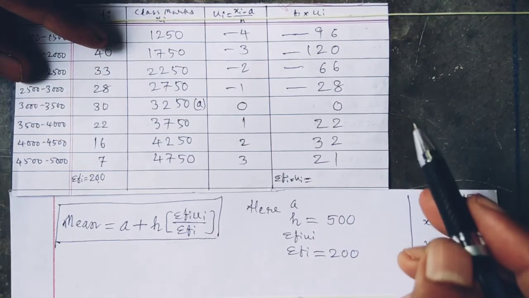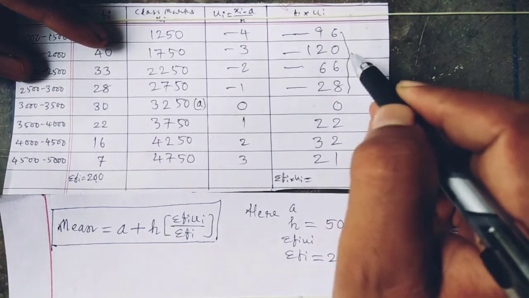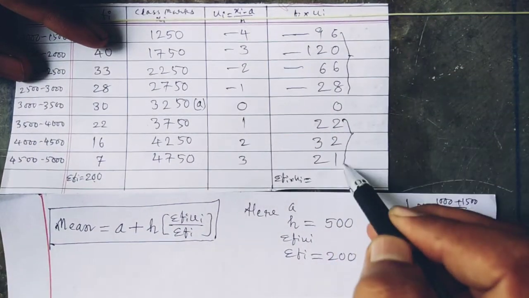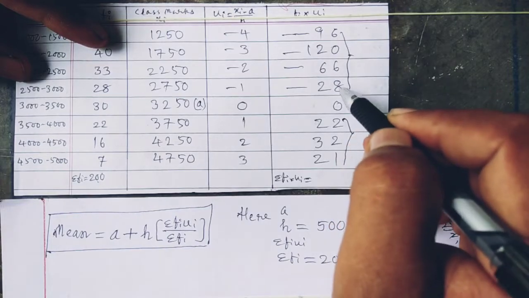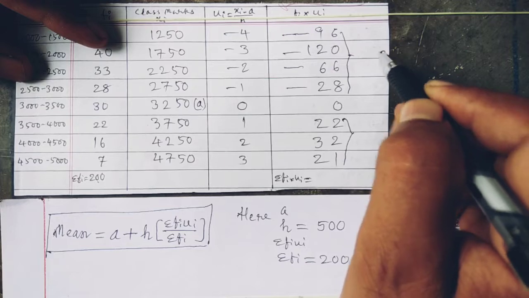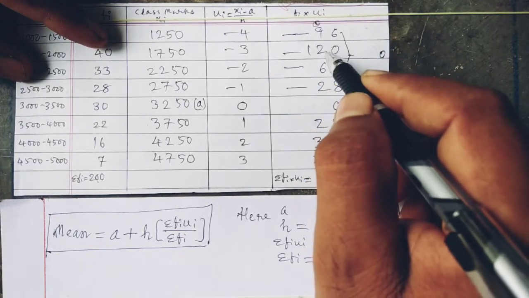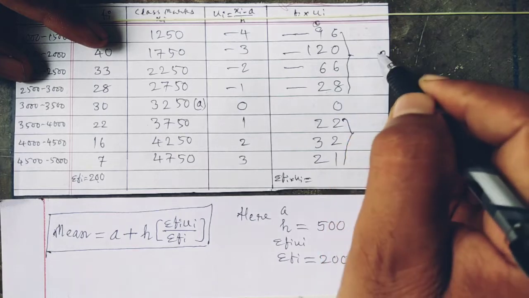Now we have to add these values, negatives separately and positives separately. Adding the negatives: 6 plus 6 is 12, 20, and so on, giving 11, 13, 19, 21.